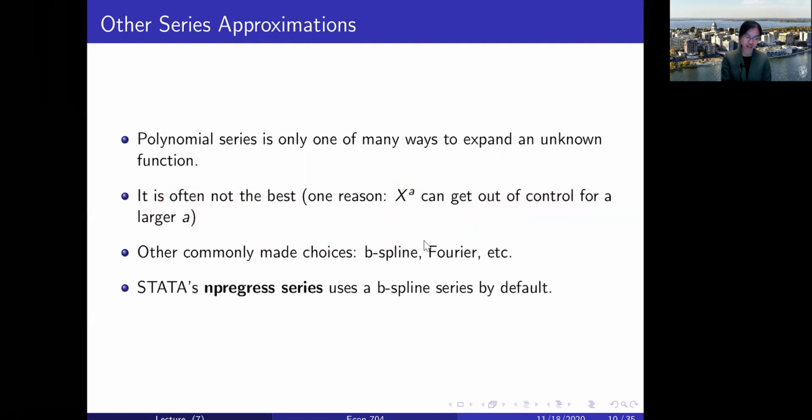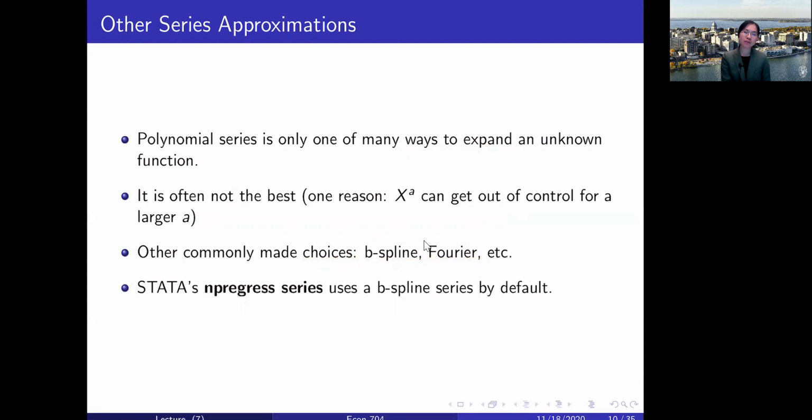So one reason is that x to a large power can get out of control. So polynomial is not always the best thing to do. There are other commonly made choices like B-spline. You can look it up on Google what that is, and Fourier series, and so on and so forth. There are other choices.